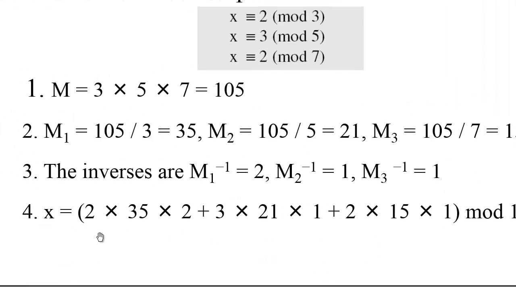So, here x is equal to a1 into M1 into M1 inverse. a1 here is 2, and we already found the value related to the common modulus, that is M1 with respect to smaller m1, which is 35, then the multiplicative inverse we got is 2. So, 2 into 35 into 2, plus, similarly I go for the next equation, a2 M2 then M2 inverse, then the third value 2, a3, then M3 inverse.